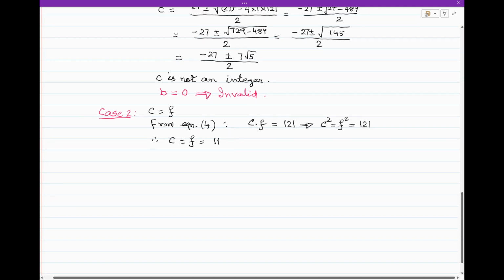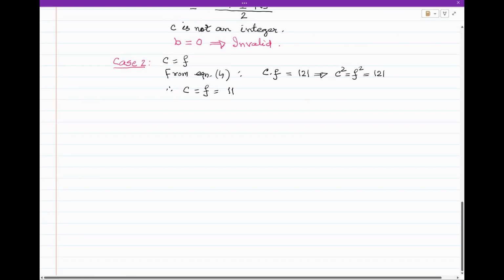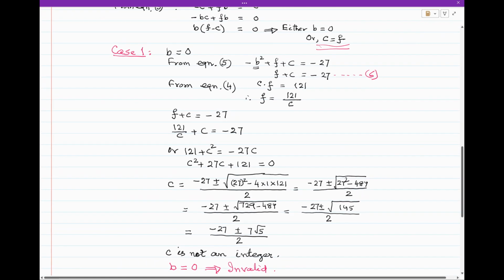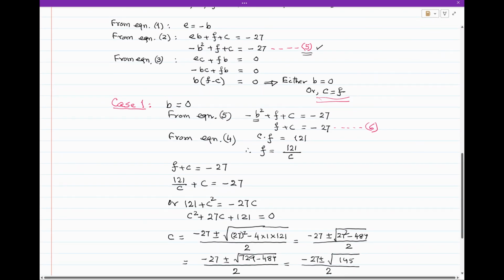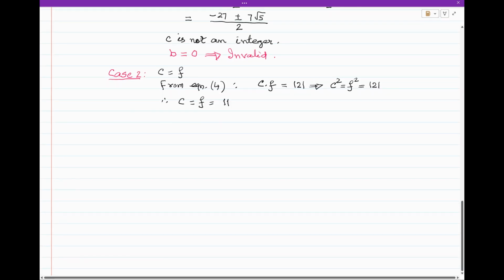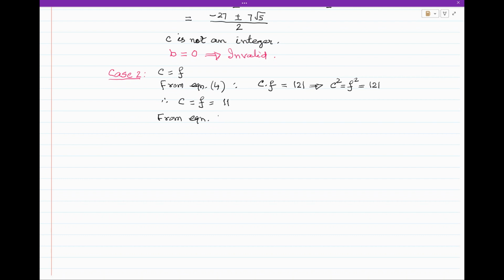Now, that being so, let us put these values of C and f into equation 5. From equation 5 we get minus b square plus f plus c is equal to minus 27.